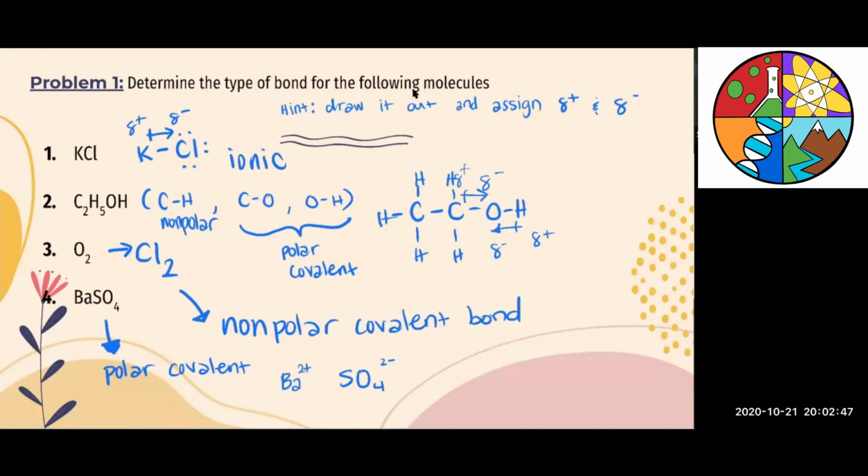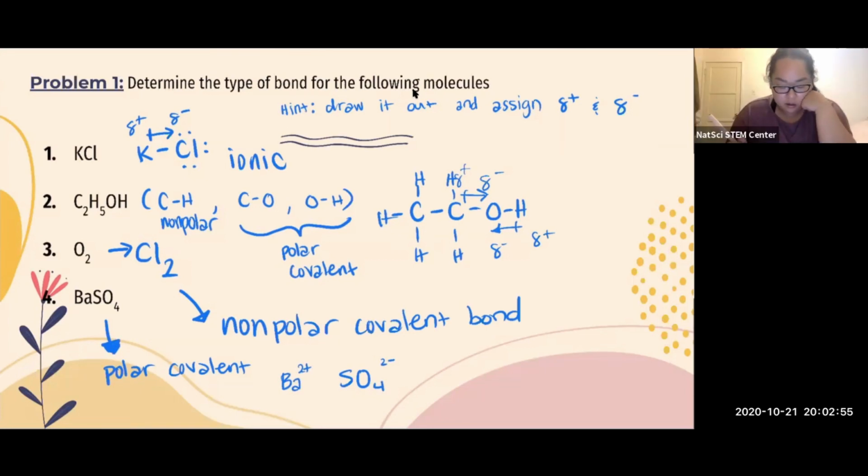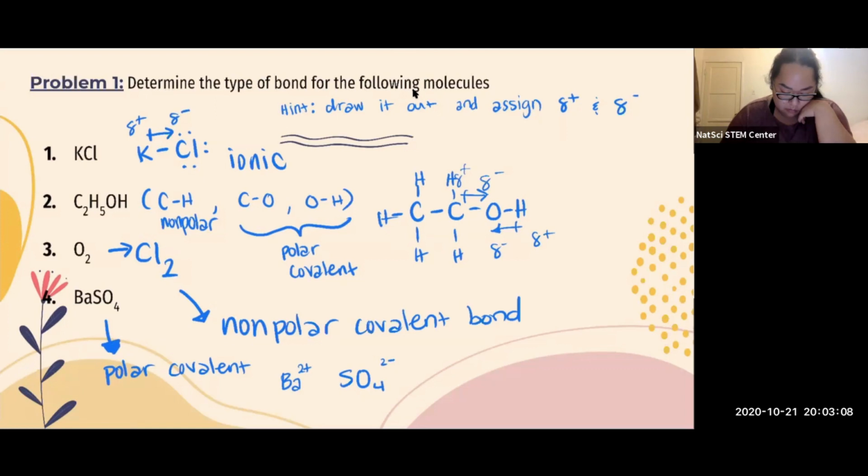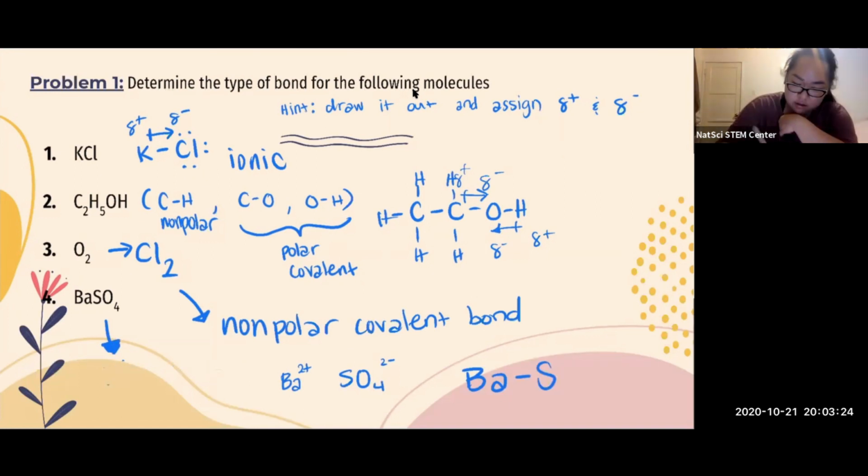But what about between the metal and the ion? Between the metal and the ion, what was it, Haley? Ionic, right? When you're drawing it out, yeah, let me see. It would be ionic, actually. Sorry. My bad, guys.